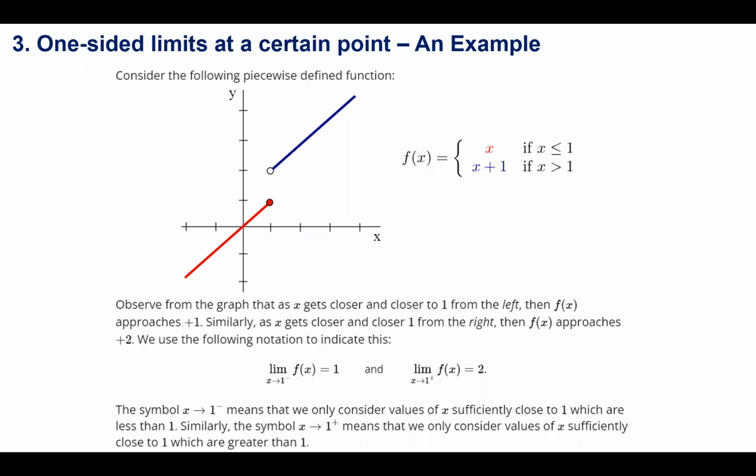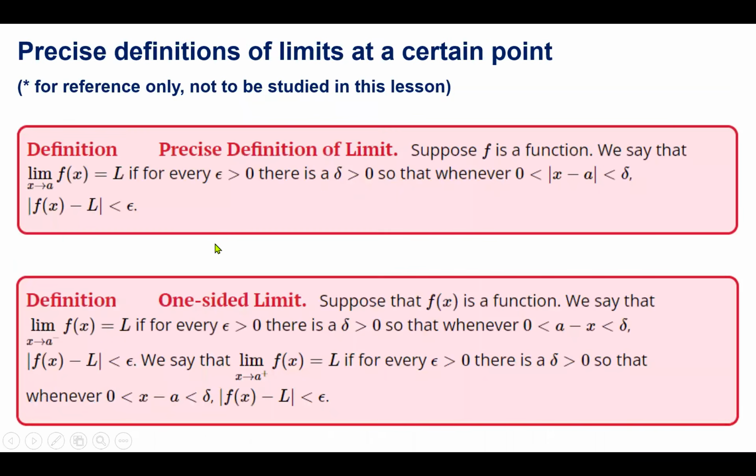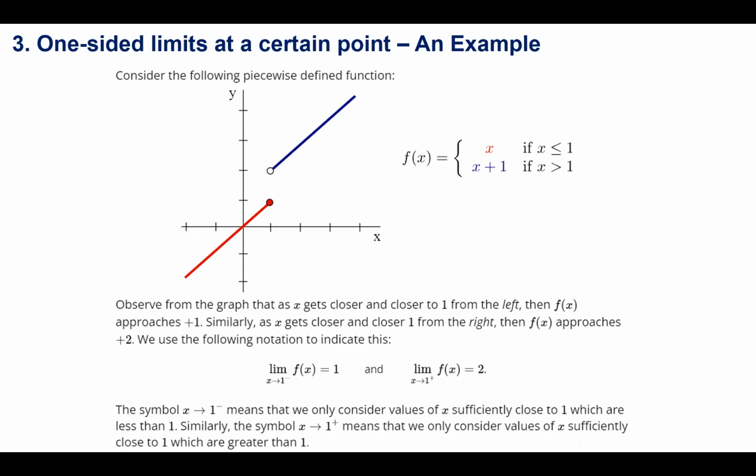So observe from the graph that as x gets closer and closer to 1 from the left side, that means from this side, then f(x) approaches positive 1, which is this point here.